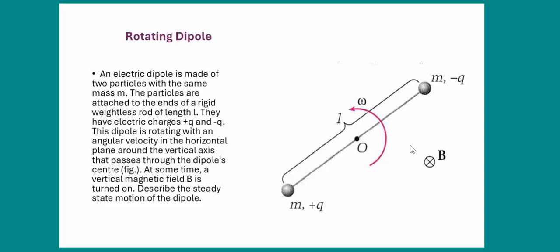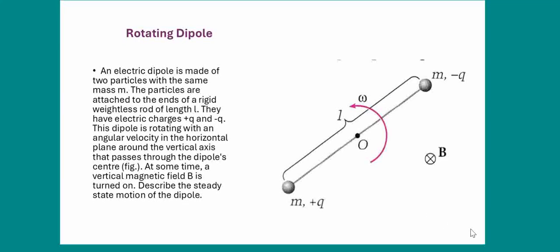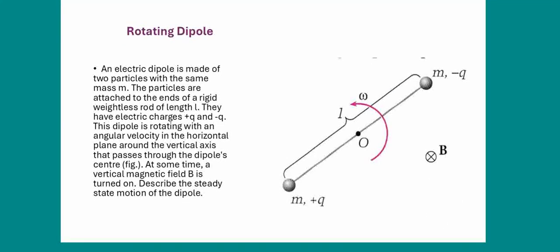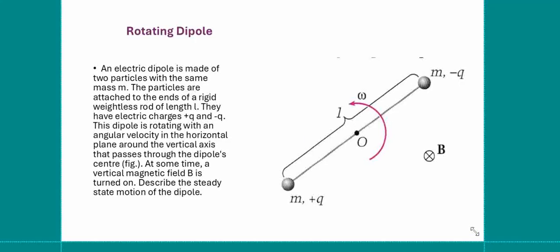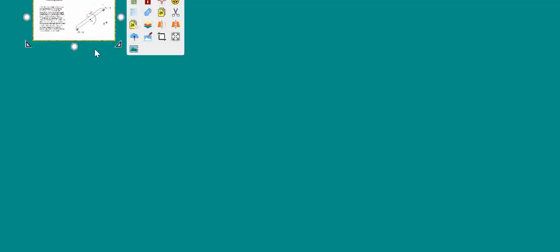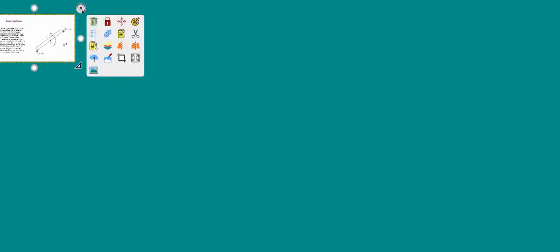I've drawn a picture for this, for describing all the conditions. So I would like to minimize this picture and then bring the other picture in the frame.